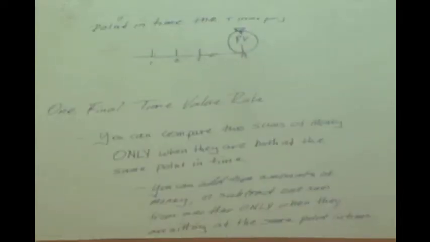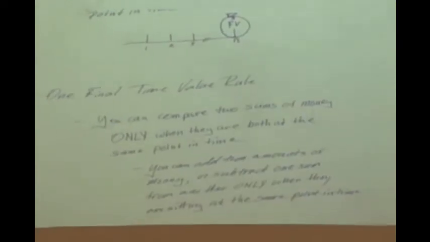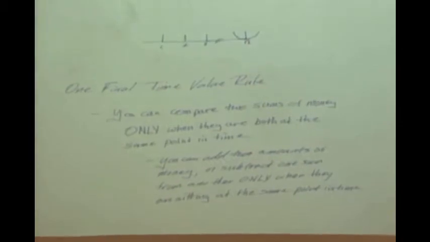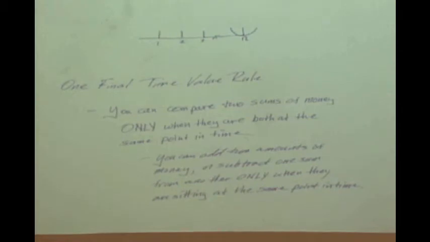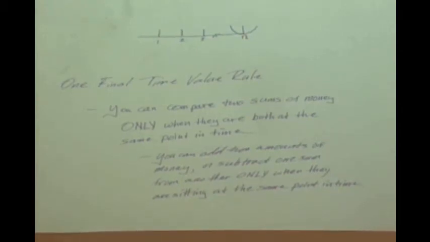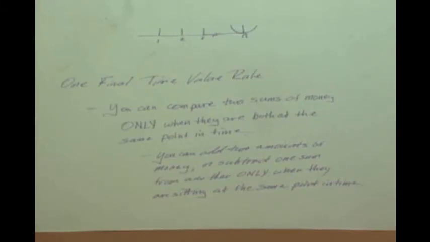And here's one final time value rule. You can only compare two sums of money when they're both at the same point in time. You can only add two amounts of money together when they're at the same point in time. You can subtract one amount of money from another only when the two amounts are at the same point in time.